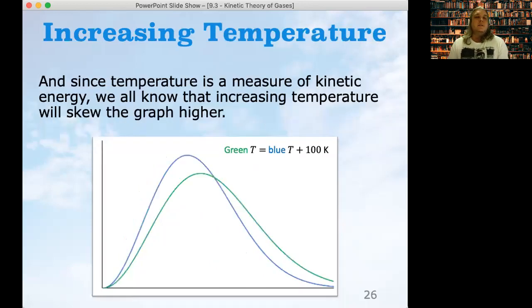What about if we change the temperature? Again, if we're increasing temperature, we're increasing kinetic energy. If we're increasing kinetic energy and the masses are staying the same, then we must be increasing the velocity. So what we've got here is some distribution at some temperature T, and then the green is the same particle, same system, but now with a temperature 100 Kelvin higher, or 100 degrees Celsius higher.